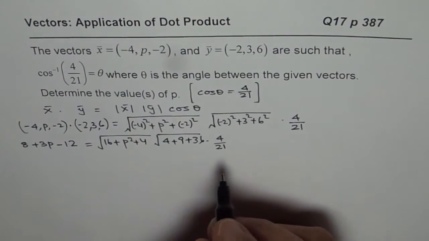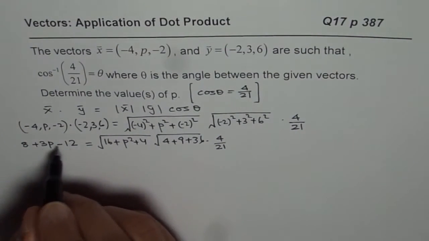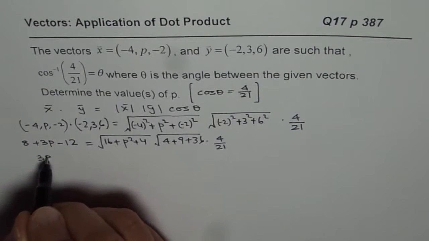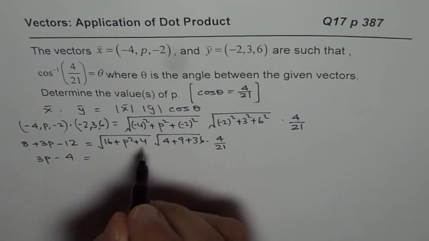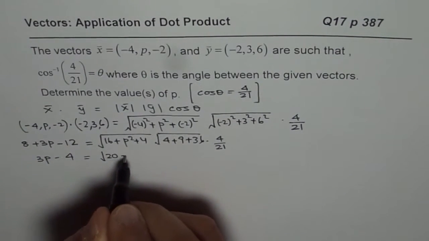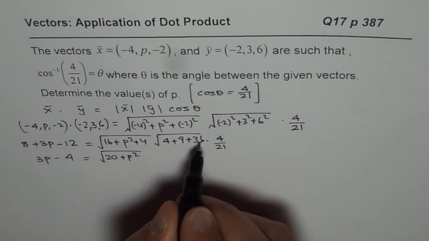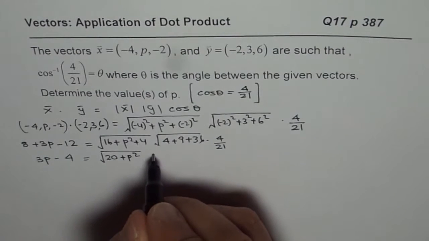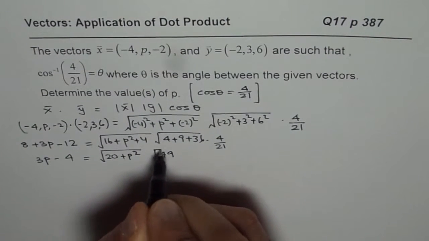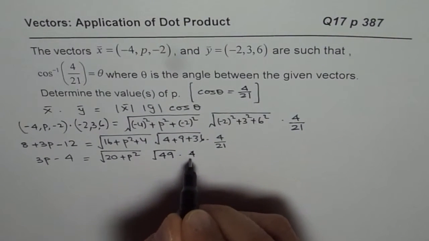So the left side is 3p minus 4, equals square root of 20 plus p squared, and here 4 plus 36 is 40, plus 9 is 49, square root of 49, times 4 over 21.